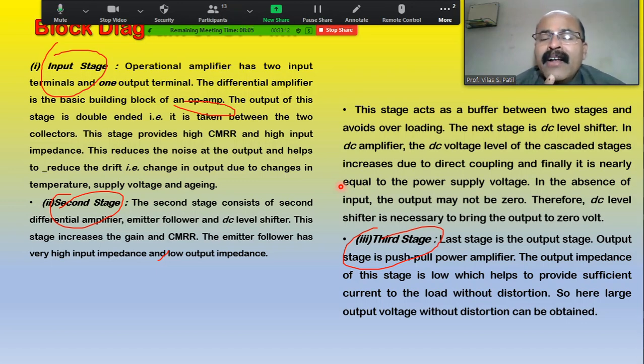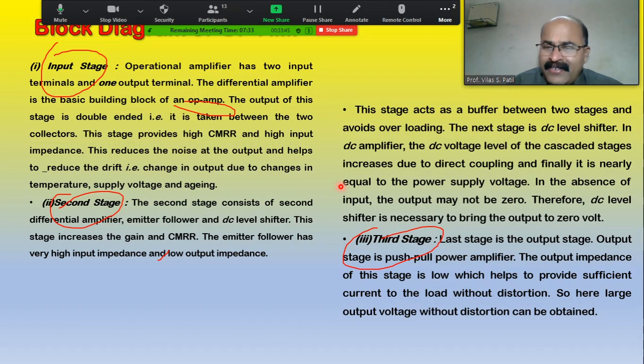Because in the emitter follower circuit we are going to avoid the overload, and after avoiding the overload, there is the cascade arrangement of the DC level shifter, and due to the direct coupling, a resistance will come, and due to that resistance the output will either increase or decrease, whereas the null detector output should be null, that is zero.